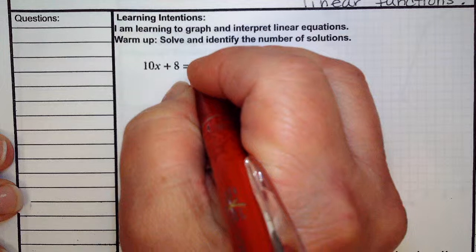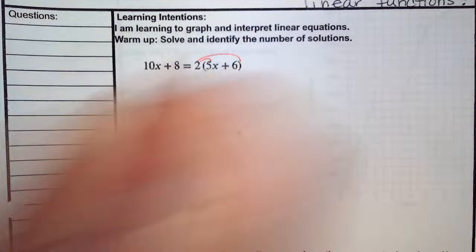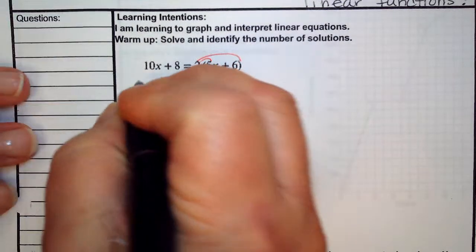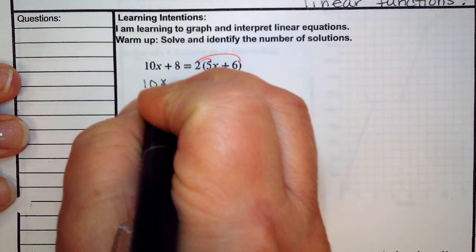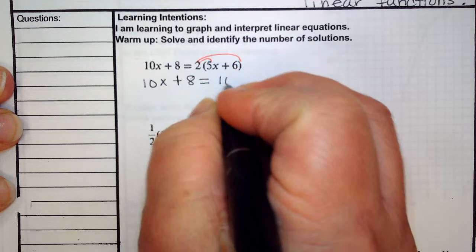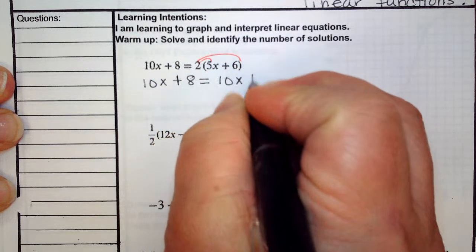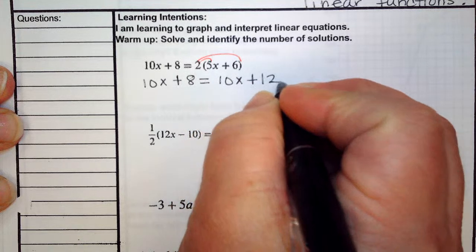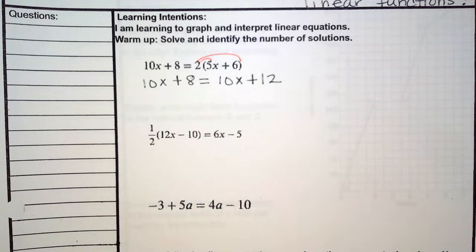So as I distribute, I end up with 10x plus 8 is equal to 10x plus 12. What do you notice?